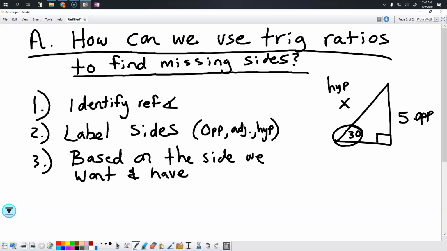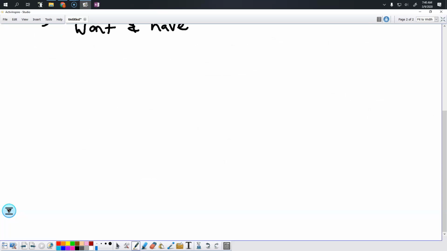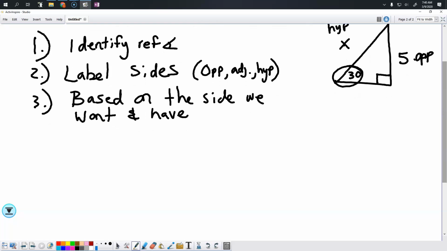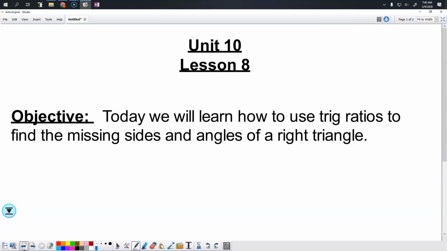So in other words, based on the hypotenuse and opposite, we're going to make a choice about what trig ratio to set up. Okay? So you're going to have three options. Technically there's 6, but we don't need all 6. We just need 3 options.